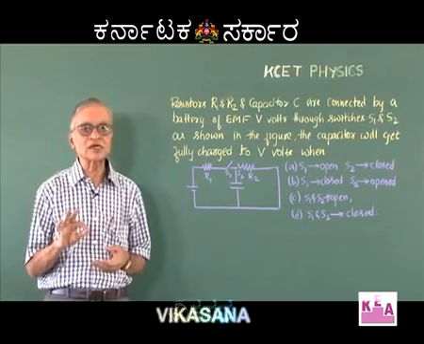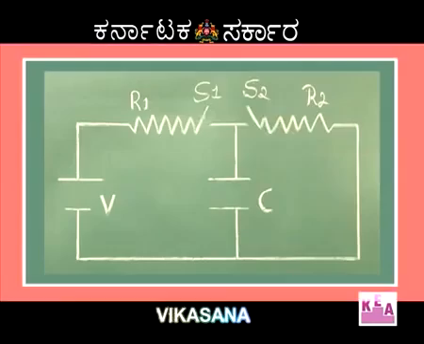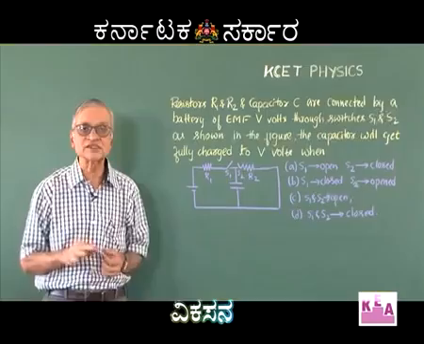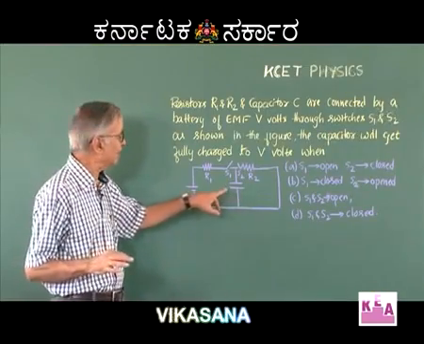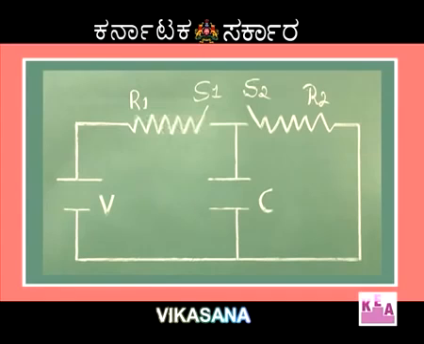This question has only one concept, that if the plates of the condenser are connected to a resistor, then the condenser discharges through the resistor and the entire energy stored in the condenser will be converted into heat.